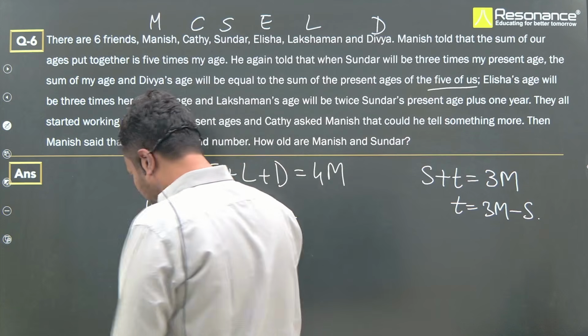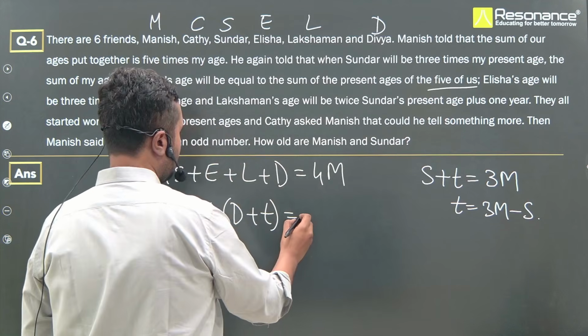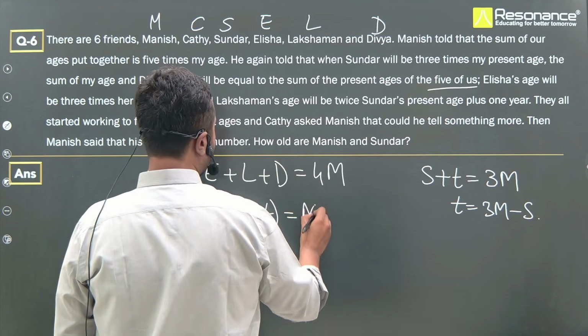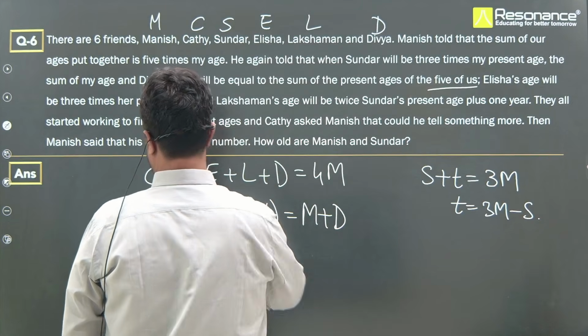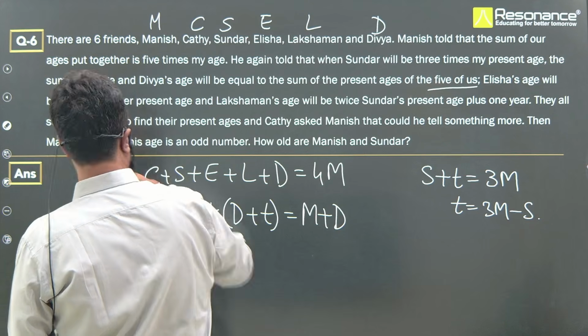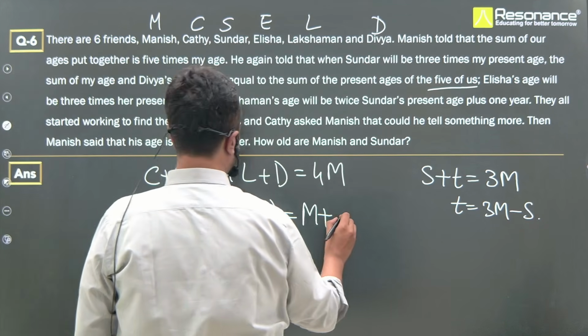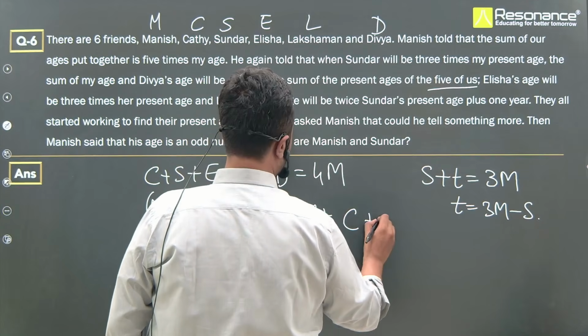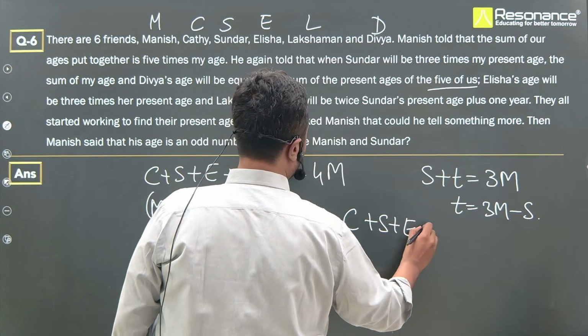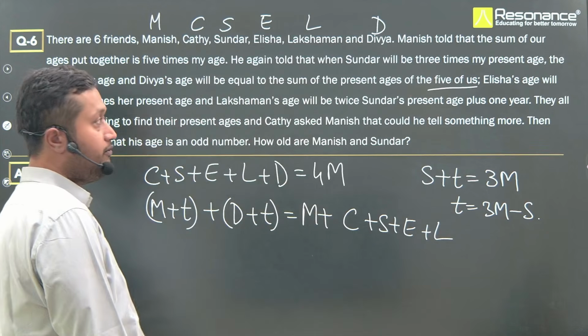Let me think about that. Okay, so sum of all those ages, so Manish plus M plus C plus S plus E plus L, right? Without Divya.